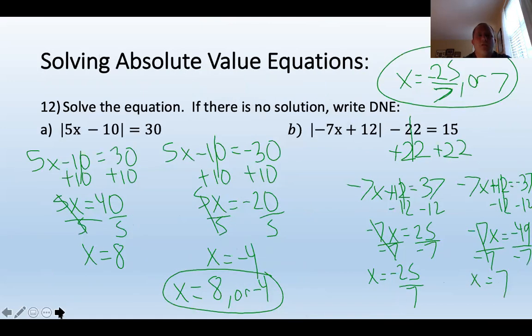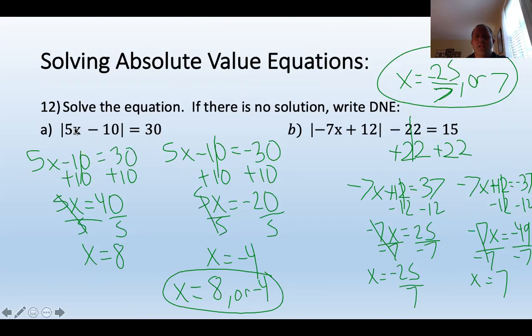Number 12 says, solve the equation. If there is no solution, write DNE. This is absolute value of 5x minus 10 equals 30. The way to solve an absolute value equation is, absolute value is always positive.